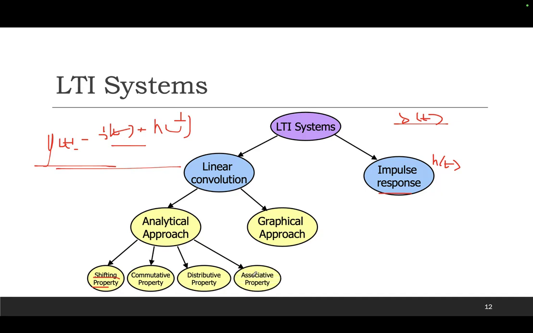And the graphical approach means you have two signals, x(t) or x[n], and then you have h(t), and you convolve them with each other using the graphical method. Do you remember when we talked about having some values, multiplying and adding them together? This is the graphical approach.